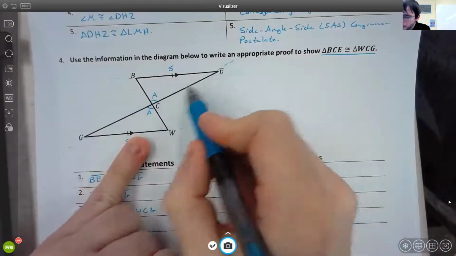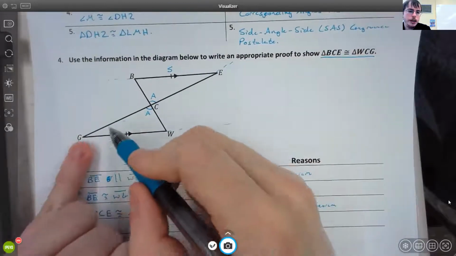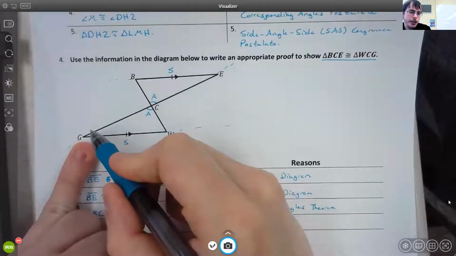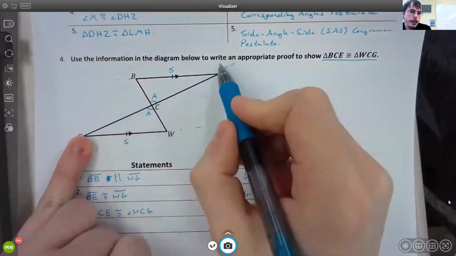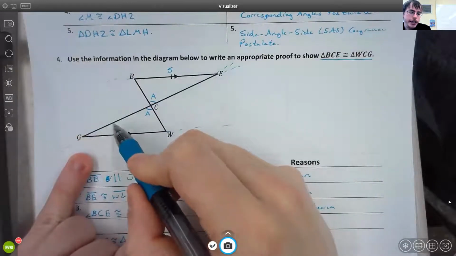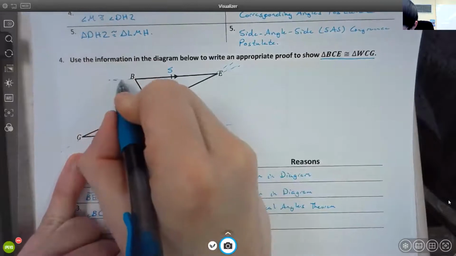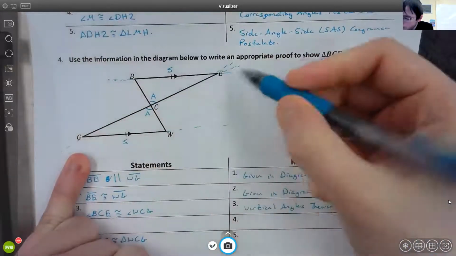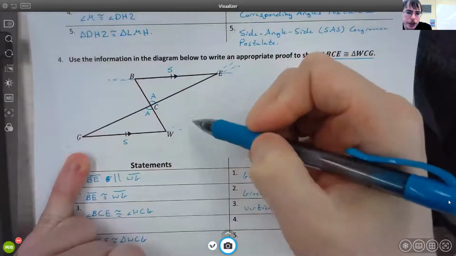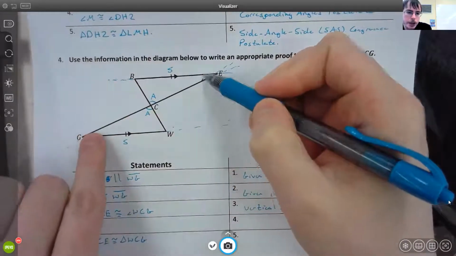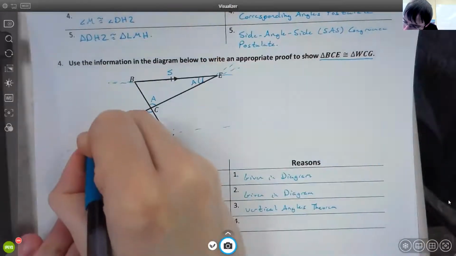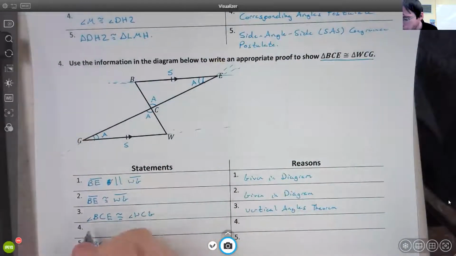If you have this transversal, which two angles are attached to that transversal? Well, we see that E is attached and G is attached. What type of angles are E and G in this case? Well, if you go through here and look here, they are both inside of the parallel lines, so we know they're interior, and they would be on opposite sides of the transversal. So that means that these two angles are congruent.